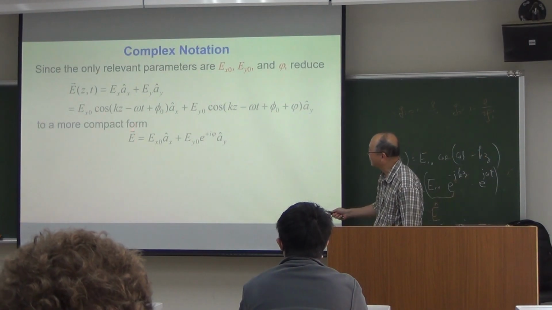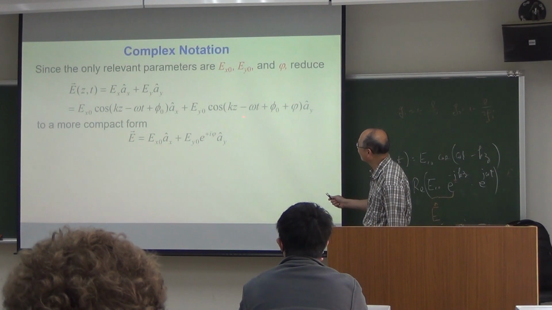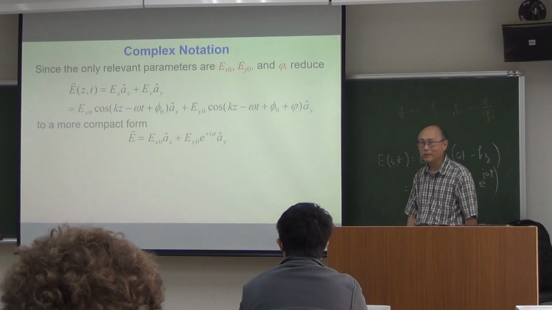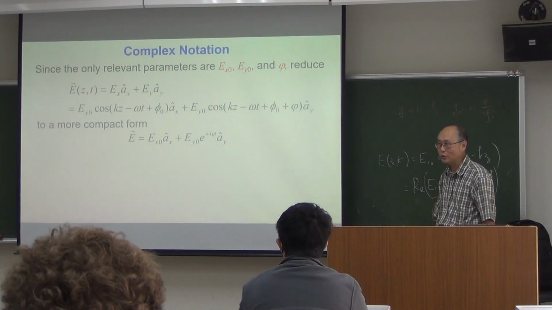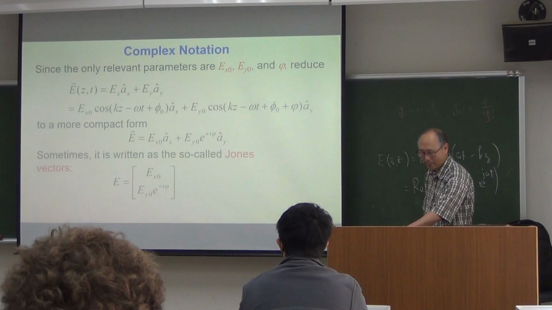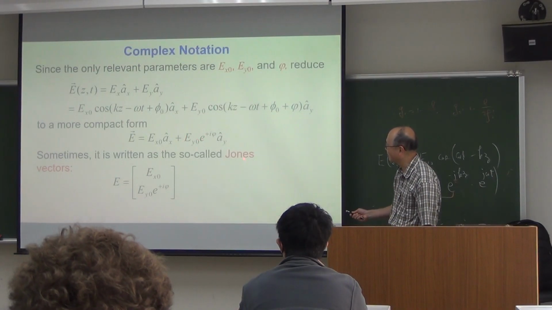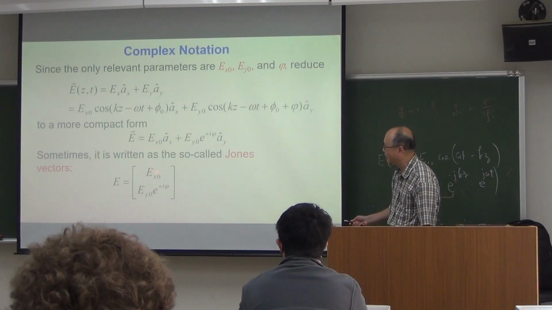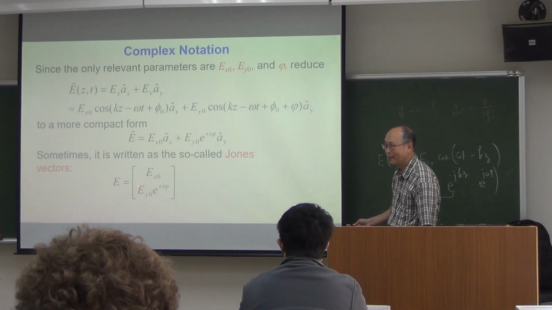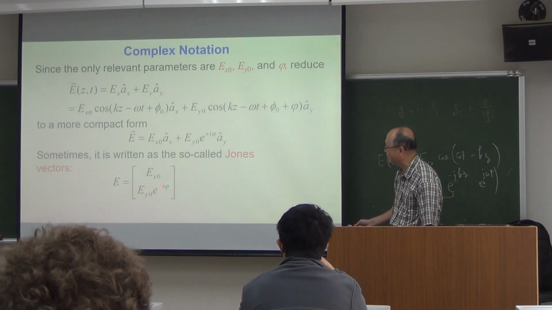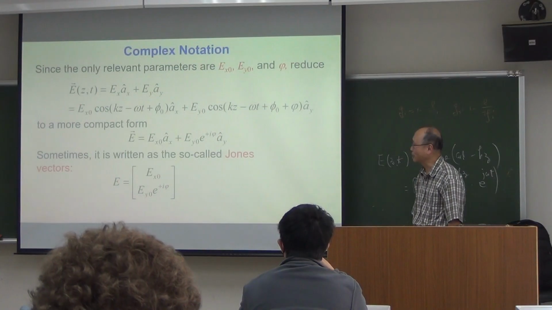You have the amplitude in front of it, and then you just drop the c, this angle, and this already gives you the complete description of the polarization state, and you can start to adopt what we call the Jones vector. Just two components determine the polarization state of the light, including the amplitude and also the phase difference.